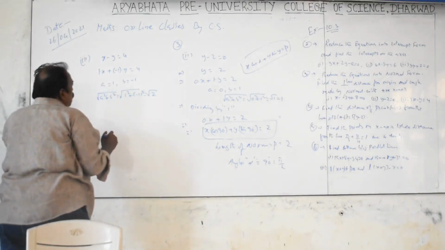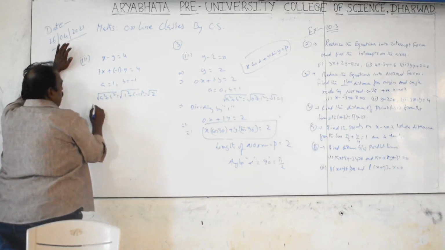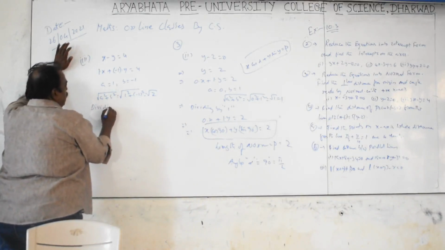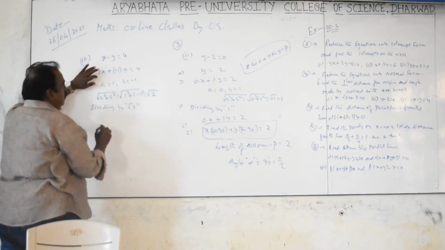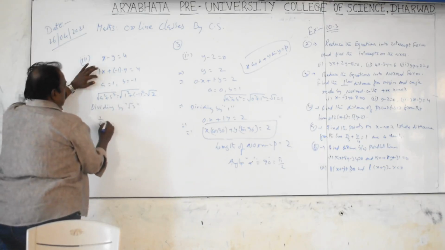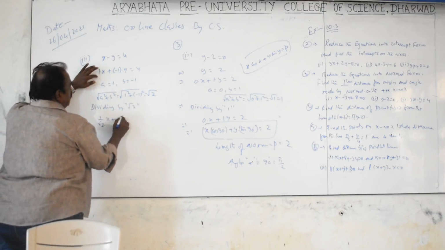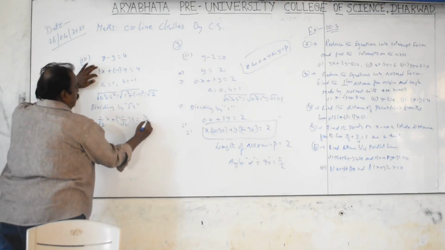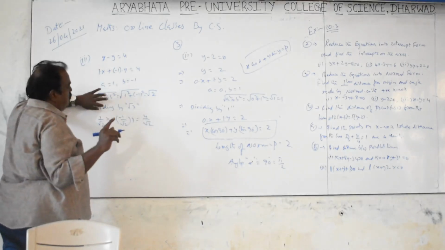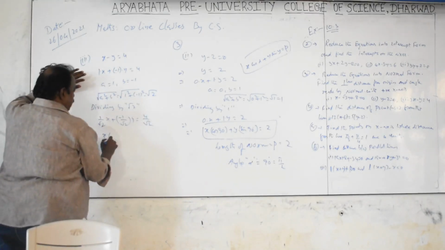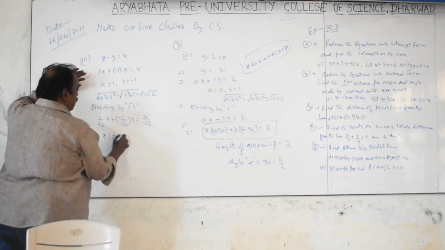So we have to divide by root 2. So it is 1 by root 2 x minus 1 by root 2 y is equal to 4 by root 2. We are dividing with root of a square plus b square.